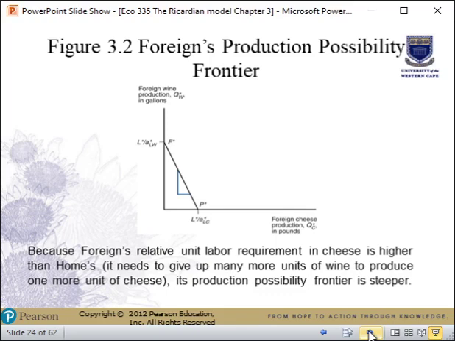In autarky, the relative price of cheese to wine reflects the opportunity cost of cheese in terms of wine in each country. However, once international trade exists, prices will no longer be determined purely by domestic consideration. Based on the assumption that home has a comparative advantage in cheese production, it will be beneficial for the home country to specialize in cheese production and export the excess to the foreign nation in exchange for wine.